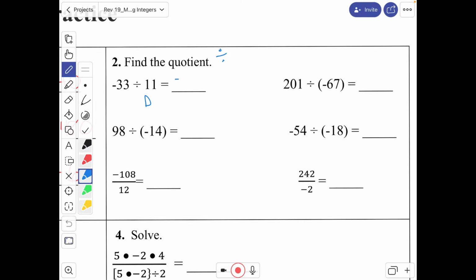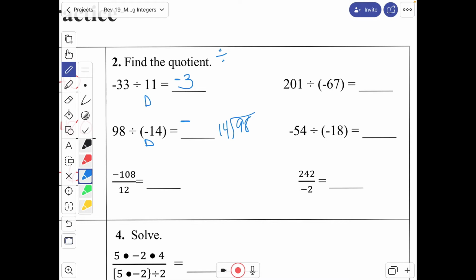The signs are different, so the answer is going to be negative. And 33 divided by 11 makes negative 3. 98 divided by negative 14. Different signs. Answer will be negative.